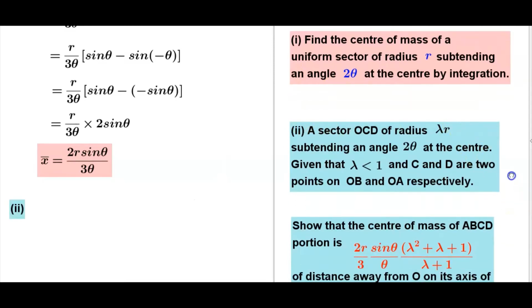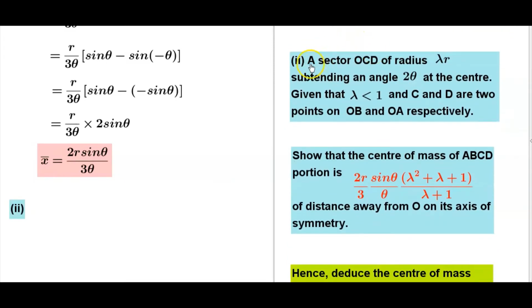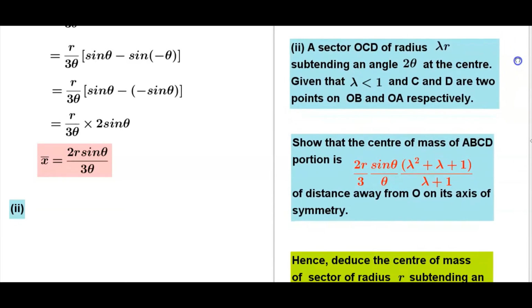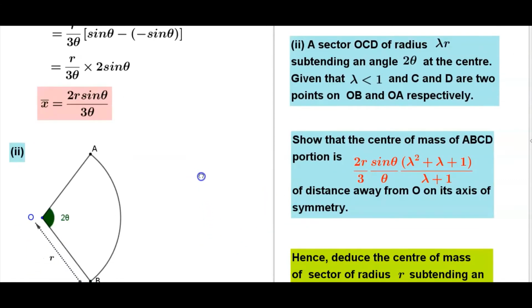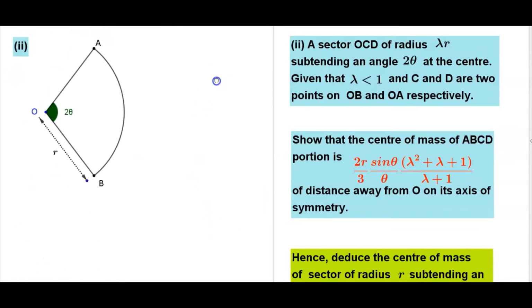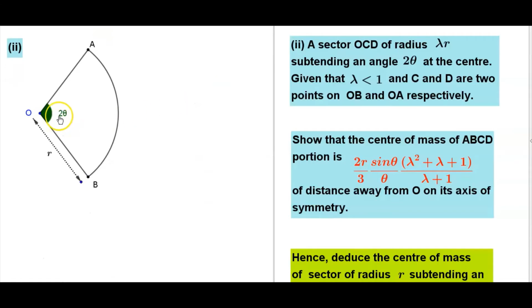Now we consider the second part. A sector OCD of radius lambda r subtending an angle 2 theta at the center. This is one sector of angle 2 theta, radius r, the AOB sector.